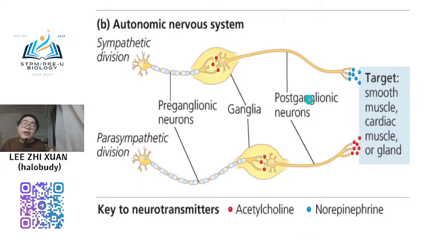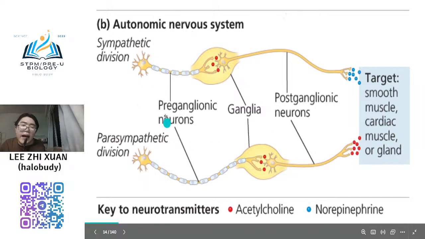Okay, so the parasympathetic and sympathetic nervous systems are the classes under the autonomic nervous system, which is also under the peripheral nervous system. Autonomic means that it is automatic. Every time, either the sympathetic or the parasympathetic nerve cells will be stimulated.